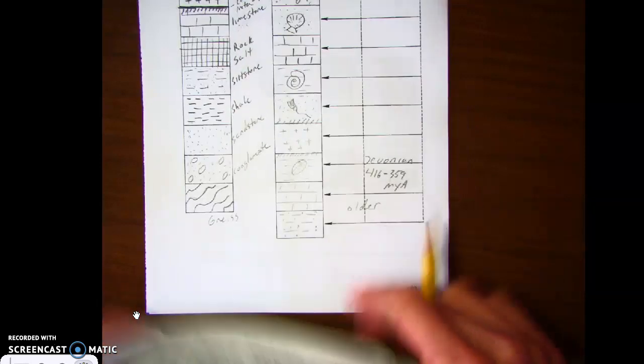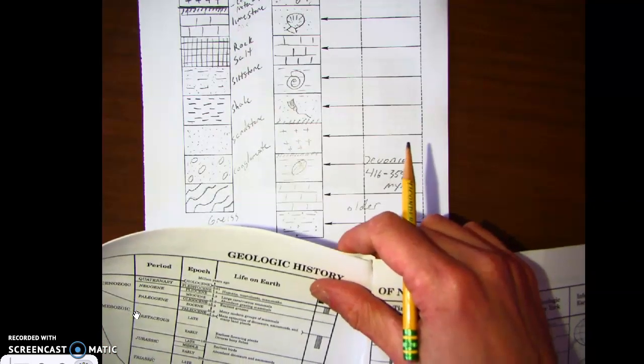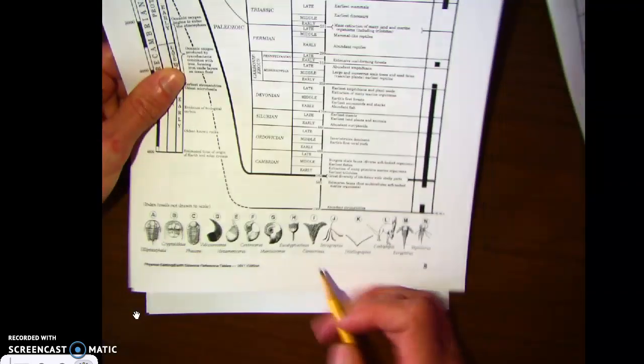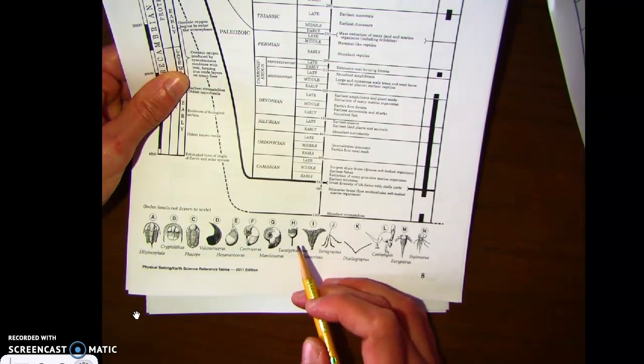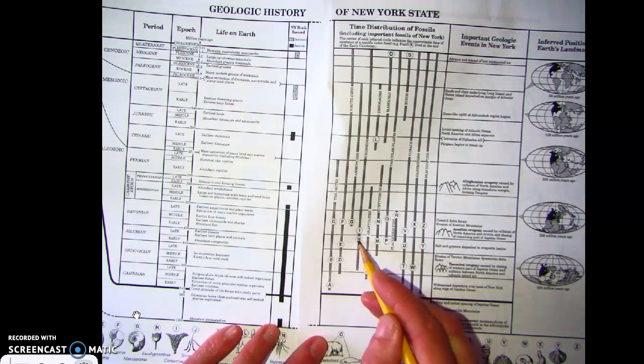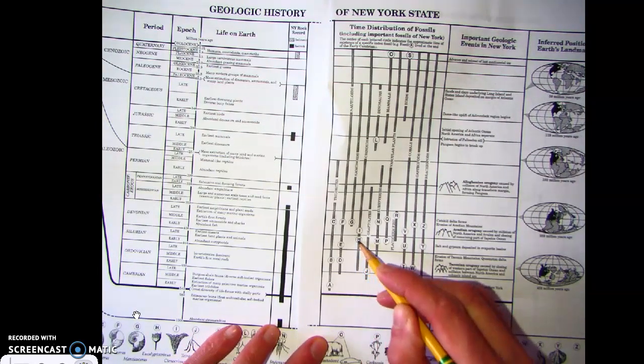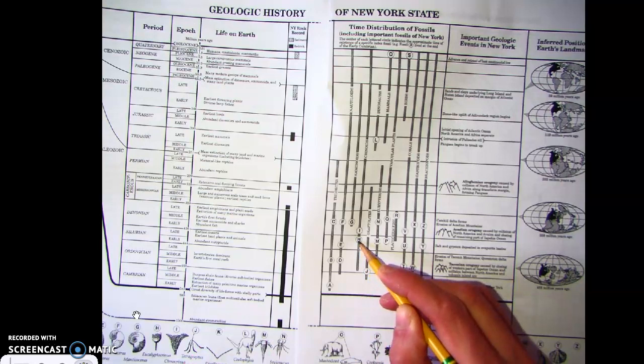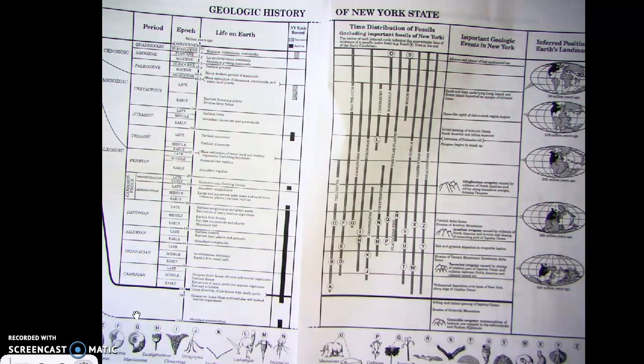Now we're going to do the same thing going along. We're going to find our crinoid. These are the Latin species names, but this would be our crinoid, letter H. So I'm going to find H. H is over here. And that doesn't quite match up because that's Silurian.